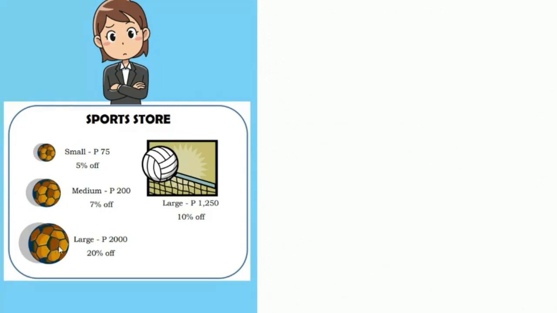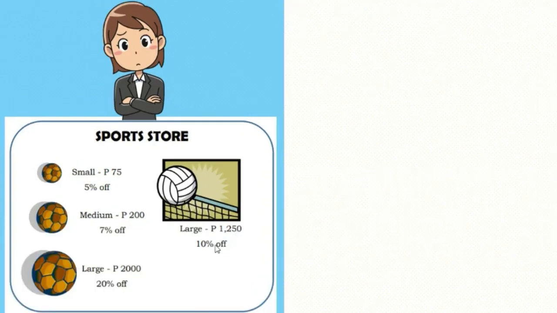Yung ating large ball, 2,000 ang kanyang price and then merong 20% off. Ang ating volleyball, meron tayong large and meron tayong value dito na 1,250 pesos pero meron siyang 10% off.